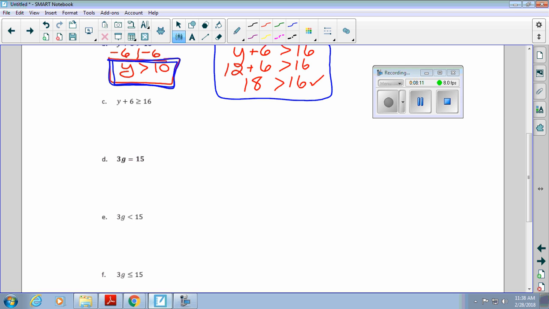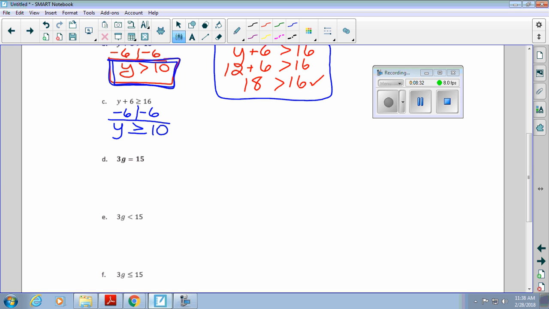Does that make sense? It's like half greater than sign, half equal sign. It's like the hybrid of the two. All right, so again, the steps are exactly the same. You're going to subtract 6 from each side. You're going to get y is greater than or equal to 10.